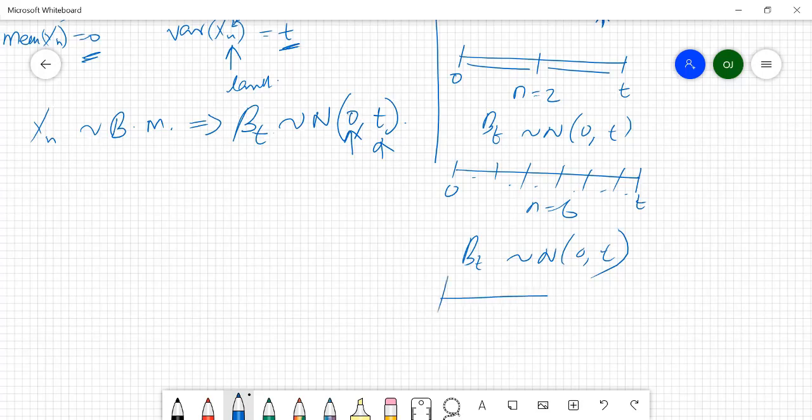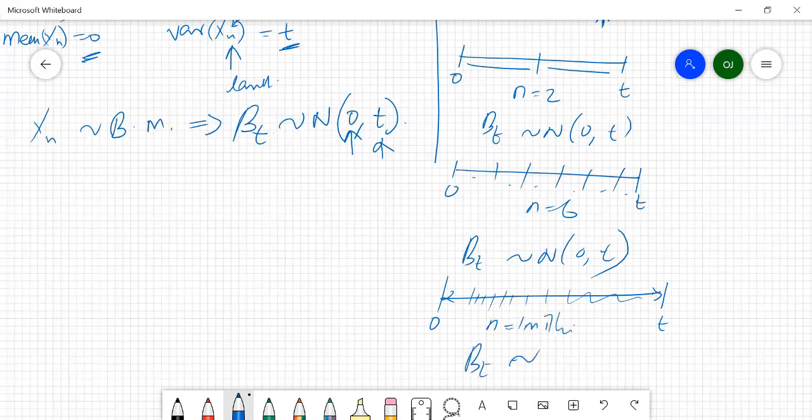Even if we subdivide this thing into n equal to 1 million, Bt still remains normally distributed. So the Brownian motion doesn't explode to infinity, even if you increase the number of subdivisions. You will still get your Brownian motion, which is ranging between 0 and t.